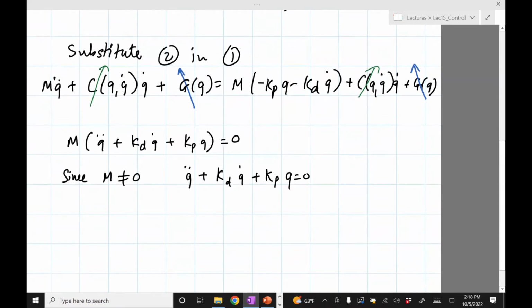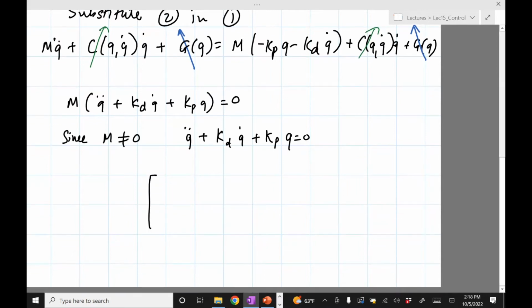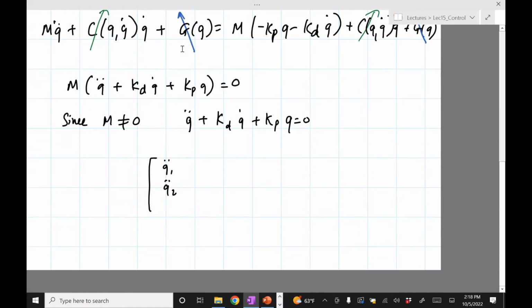Okay, so what we've done here is we've sort of eliminated the system dynamics. M is gone, C is gone, G is gone because of the nature of the assumed torque controller. And remember that Kp and Kd are something which you can choose yourself. You can choose whatever you want them to be. So what we'll do here is, since we know that q is q1, q2, and so on, and this is generic for n dimensions, we'll actually assume Kd to be diagonal.